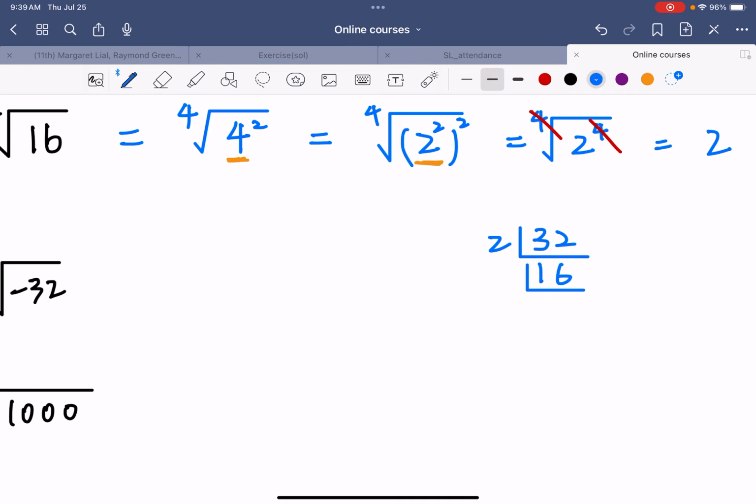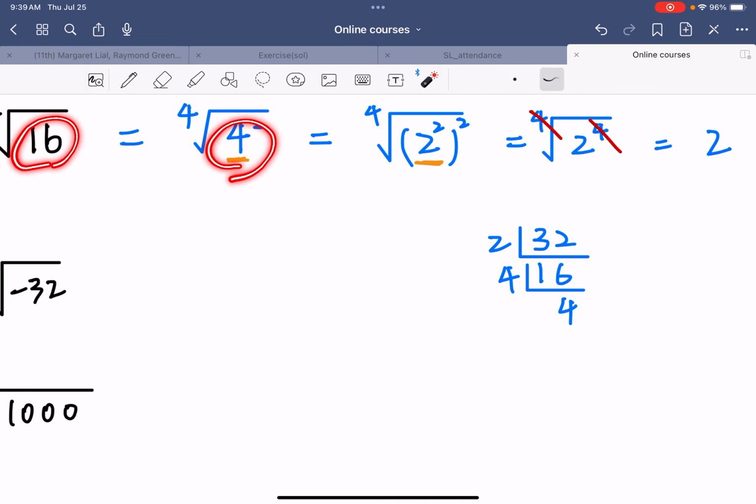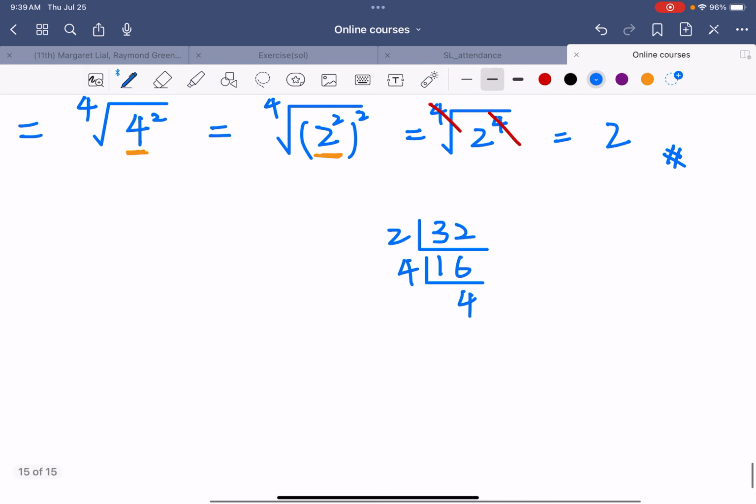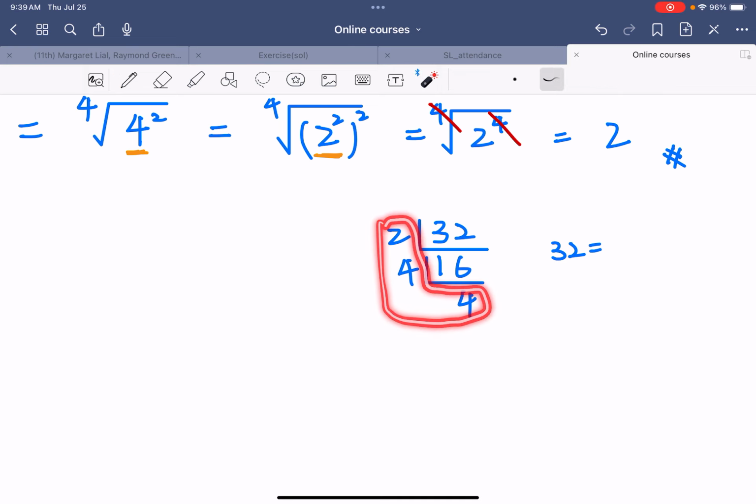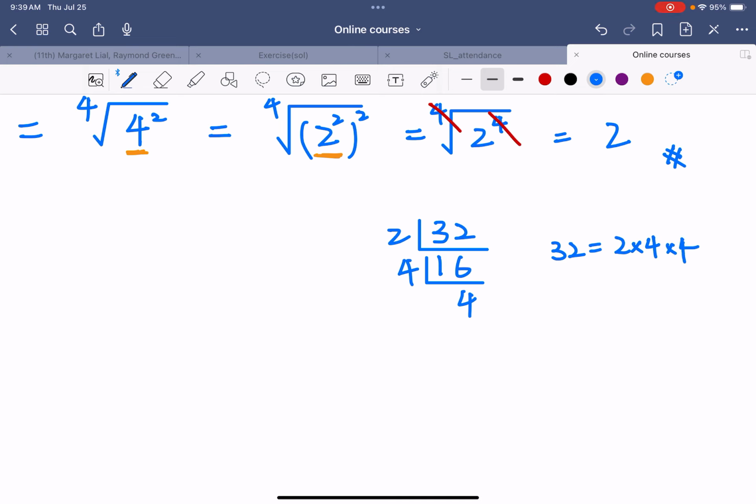Then we know 16 is 4 times 4, like the previous one. Then we also know that 4 is 2 with power of 2. So actually we can write 32 as everything here multiplied together: 2 times 4 times 4.